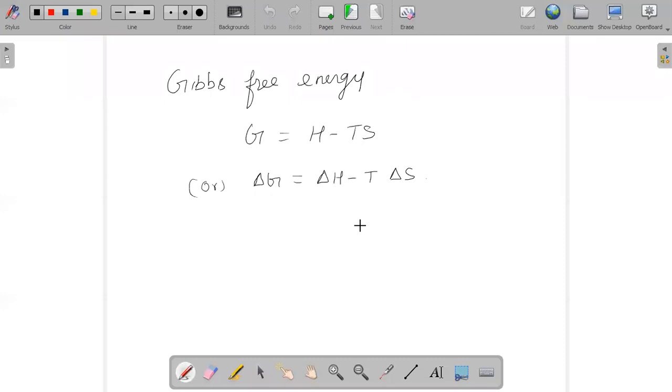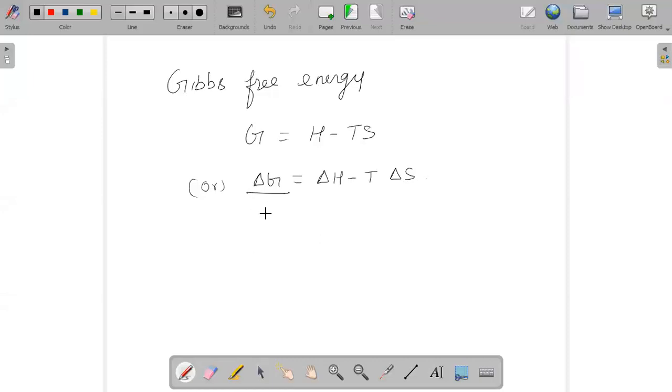There is a relation: G is equal to H minus TS, or for the change in Gibbs free energy, delta G is equal to delta H minus T delta S. And of course, this is an extensive property.